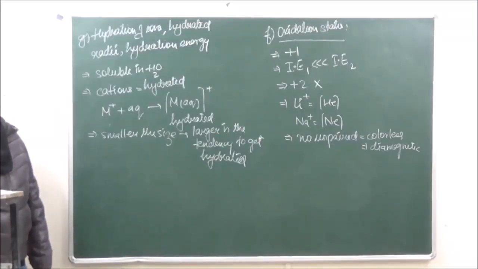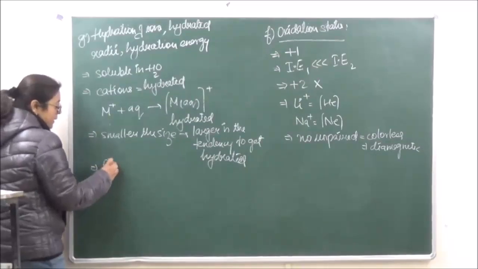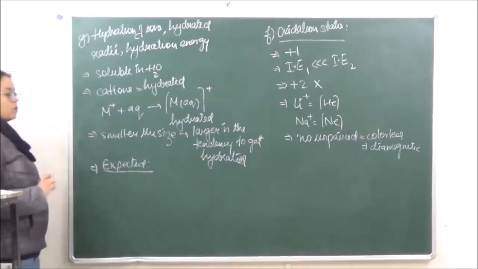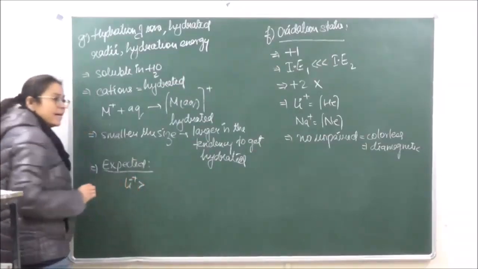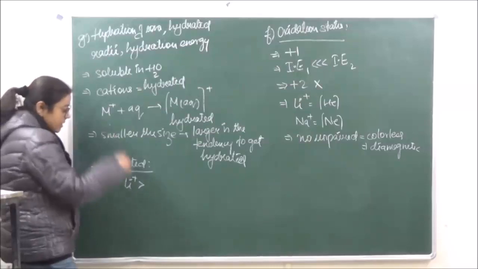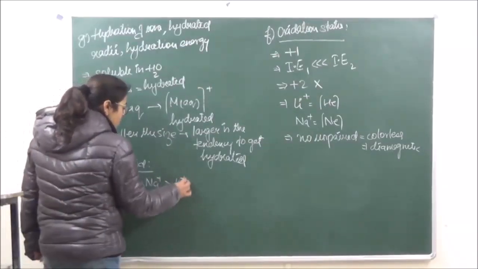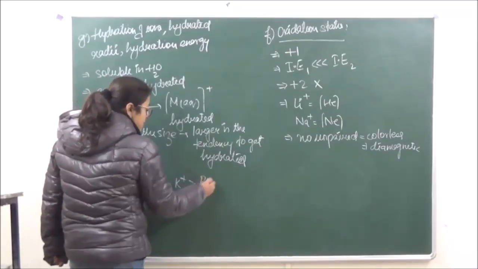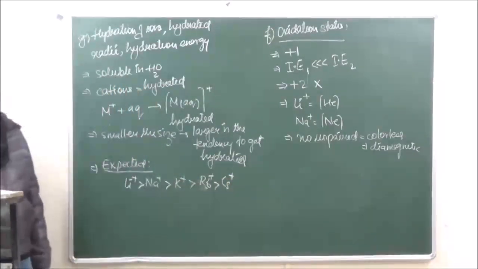So the degree of hydration should decrease from lithium to cesium. The expected trend is that lithium, being the smallest size, should be most easily hydrated, then sodium, then potassium, then rubidium, and then cesium.